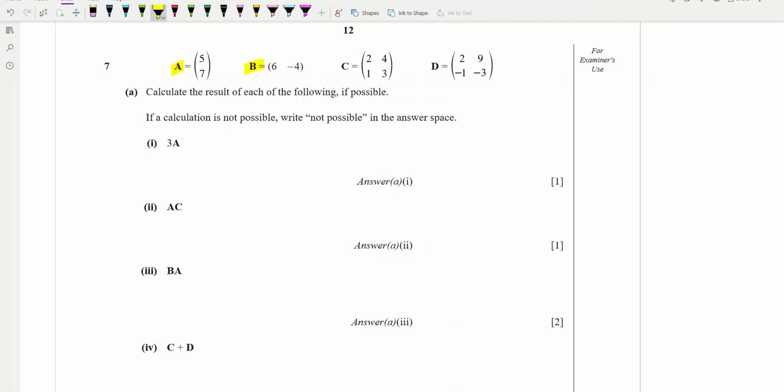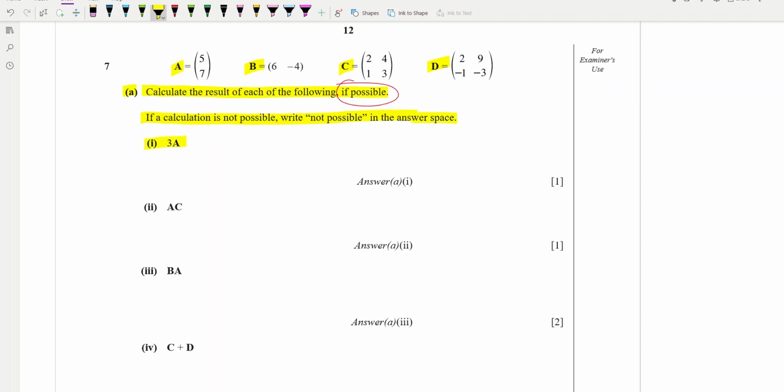So A is given, B is given, C is given, and D is also given. A part, calculate the result of each of the following if possible. If possible, you will have to keep in mind that there may be some situation when multiplication is not possible. They are saying, if a calculation is not possible, write not possible in the answer space.